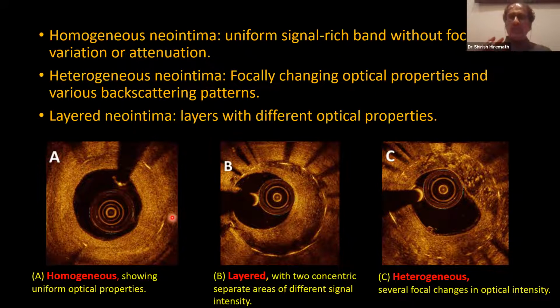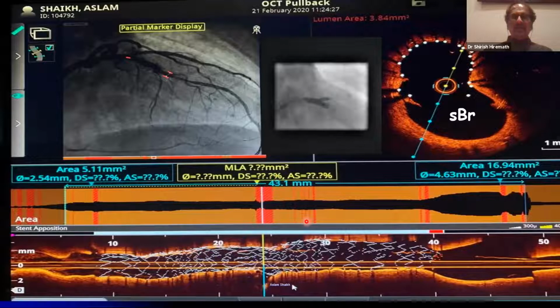So whenever you're dealing with ISR, you must do imaging because it clearly shows what is the cause of ISR. In this particular case, the old stent is expanded very well. However, there is an ingrowth, so you need to choose a technique which is based on this.